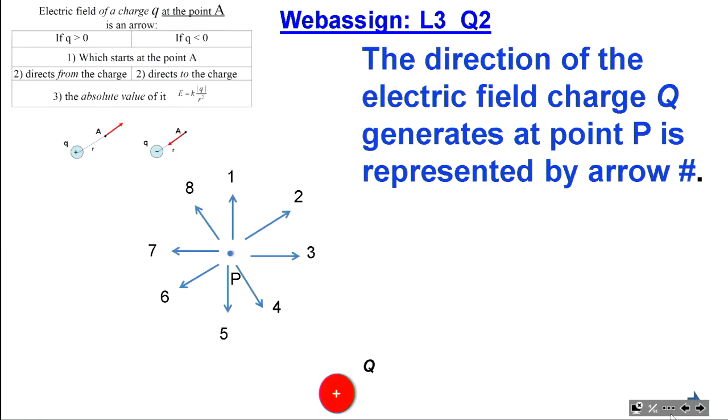So, if the question is about electric field generated by a charge, writing V equals V initial plus A times T doesn't make any sense. So what makes sense is starting using equations which have any relationship with electric field, and we have only two. Number one and number two is a definition.